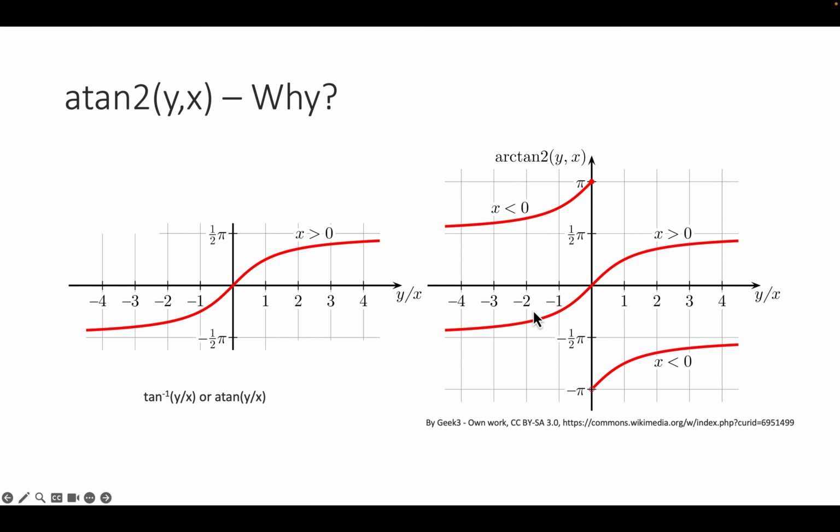And now we introduce this function here, which takes the parameters as separate values, so it can inspect the actual sign. In case x is positive, that is, stuff is happening on the right-hand side of the robot, or the right half hemisphere, then we use the standard inverse tangens.